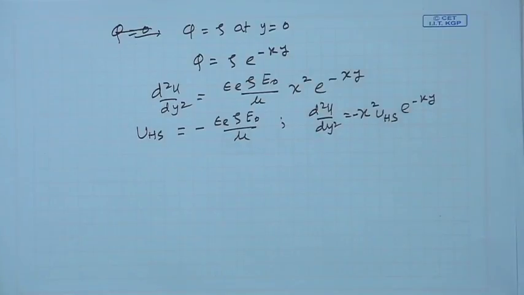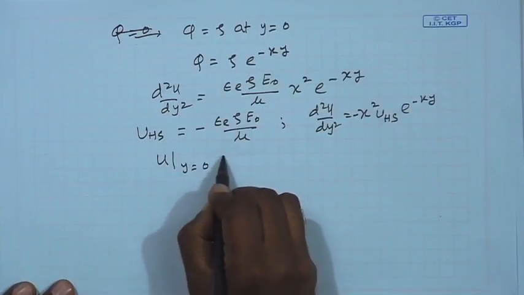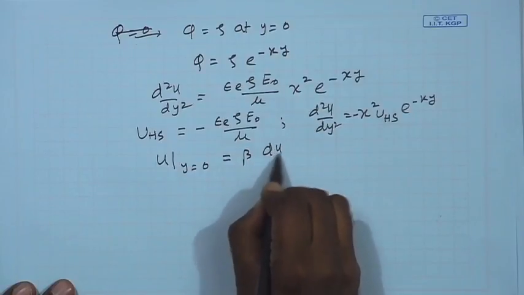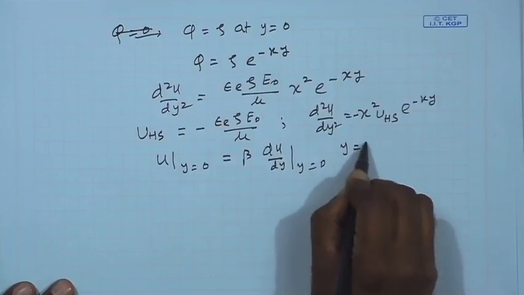Now, what conditions can we impose over this? On the slipping plane, y equal to 0, u is given by the slip condition.